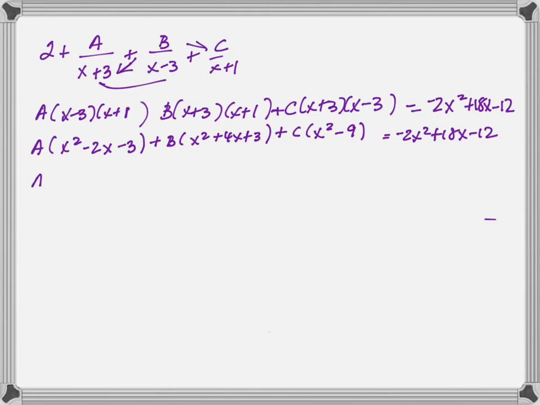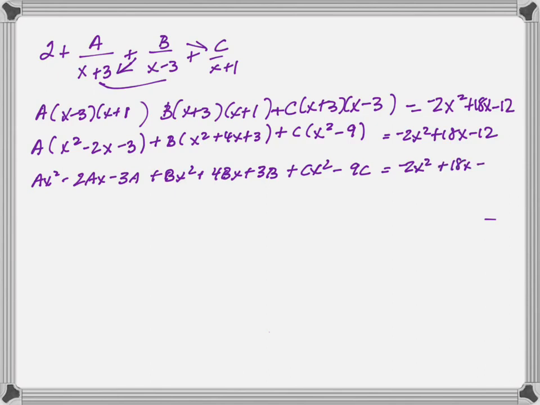All right, so ax squared minus 2ax minus 3a plus bx squared plus 4bx plus 3b plus cx squared minus 9c is equal to negative 2x squared plus 18x minus 12. So factor out an x squared, and I get a plus b plus c.